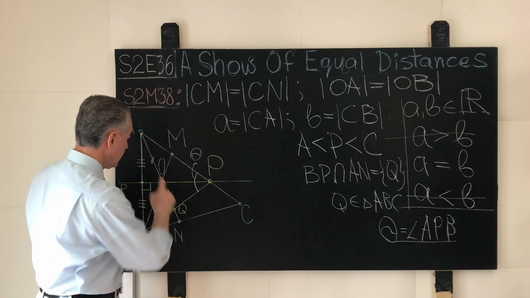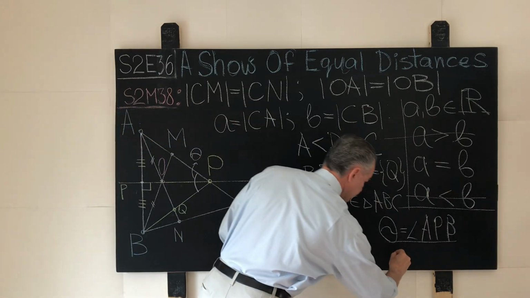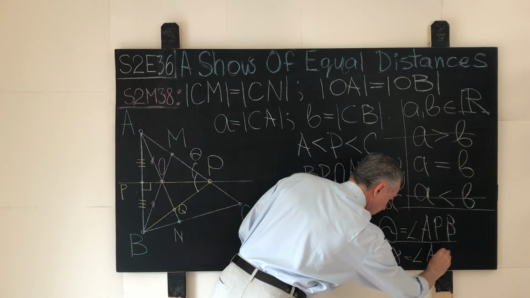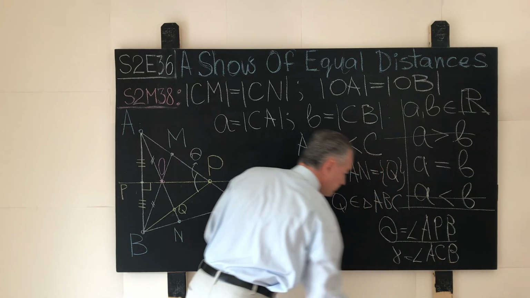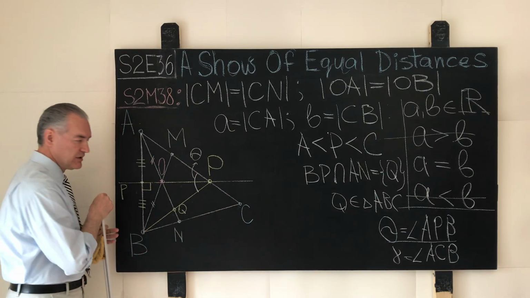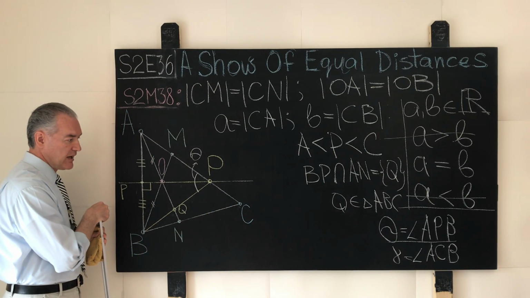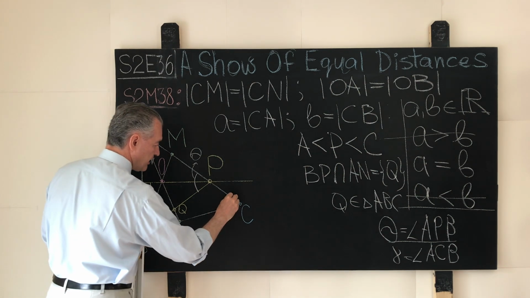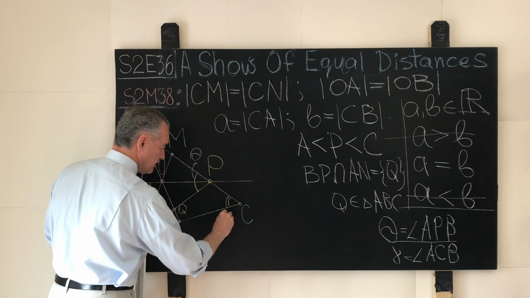And the angle ACB, let's say this will be the traditional gamma, angle ACB. The magnitude of the interior angle at the vertex C, this guy will be gamma.